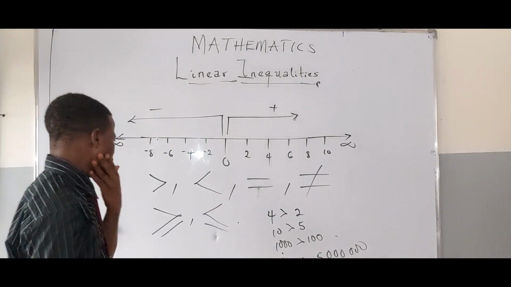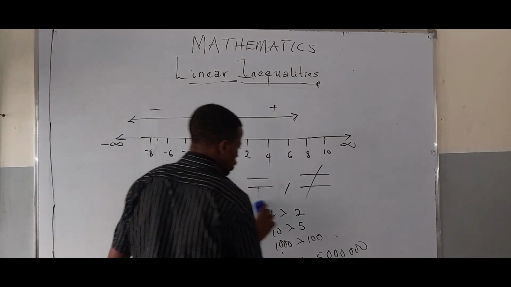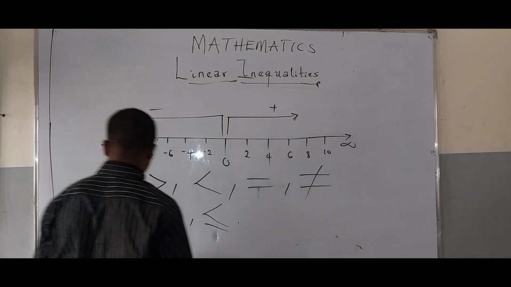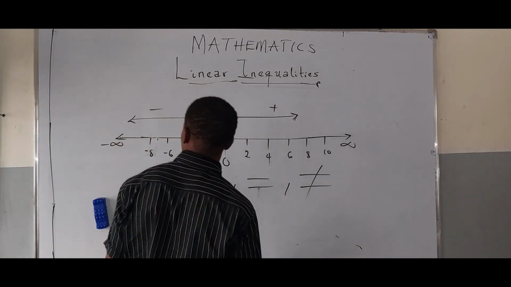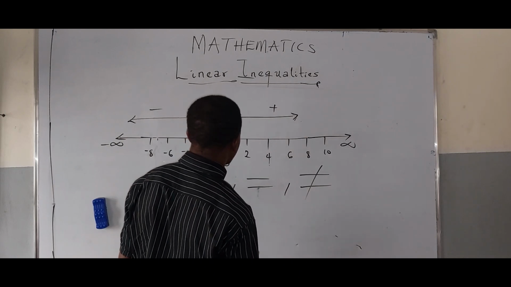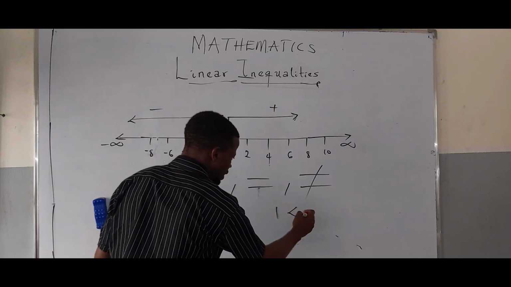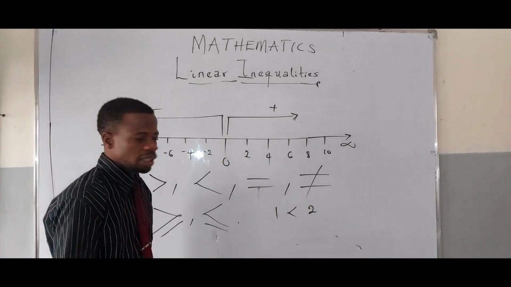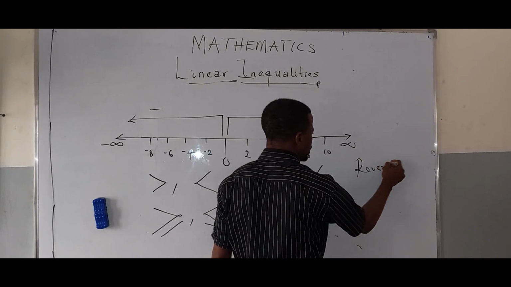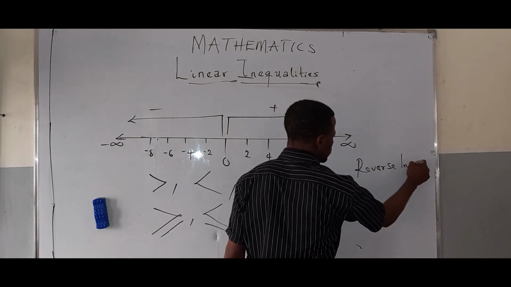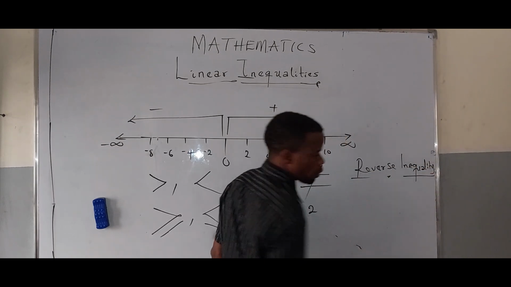Let's say we have 1 is less than 2, right? Then there's something we call the reverse inequality. What is reverse inequality?